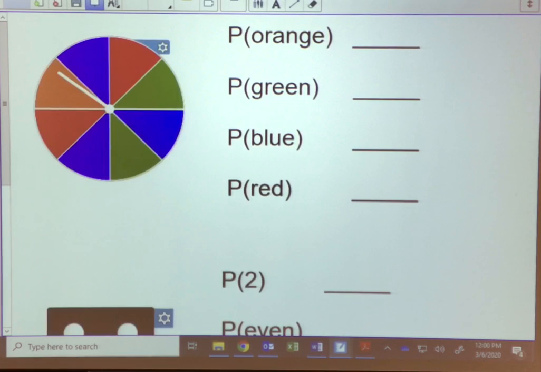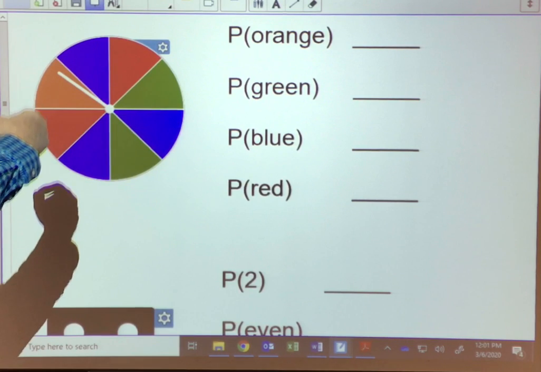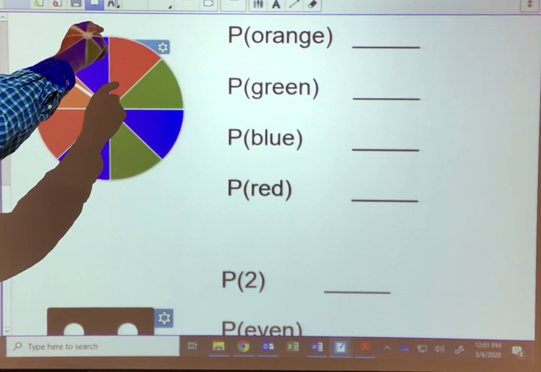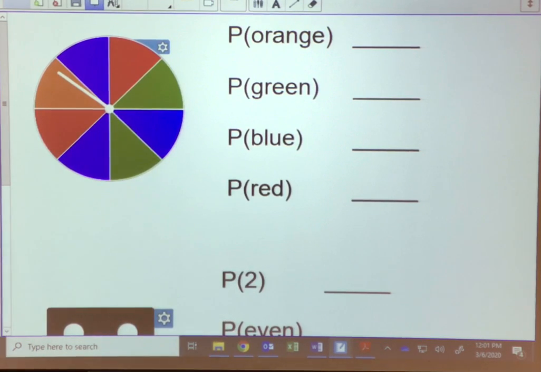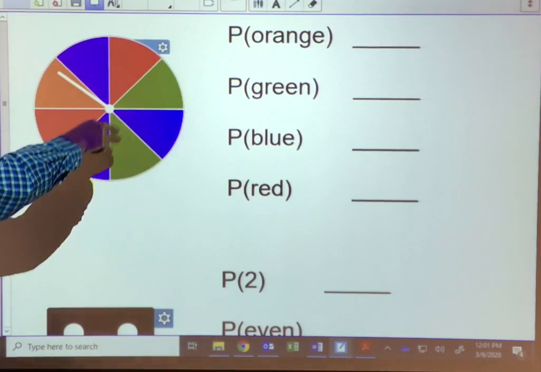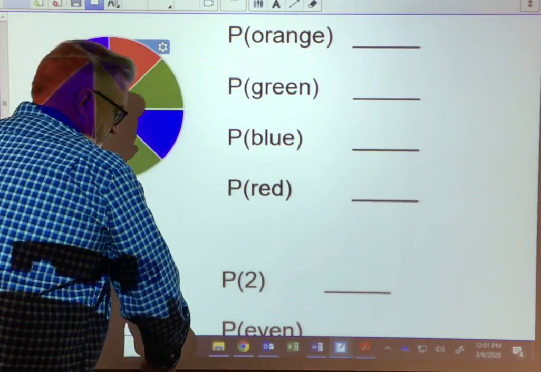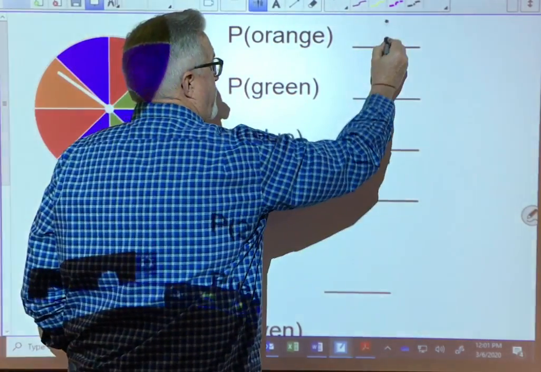Give this time to pull up here, okay? The first, we want a probability of spinning this spinner and getting an orange. Remember, our formula was our favorable outcomes over total outcomes. Well, favorable for us is going to be if we land on orange. There's only one orange on this wheel, so the top number will be a 1.